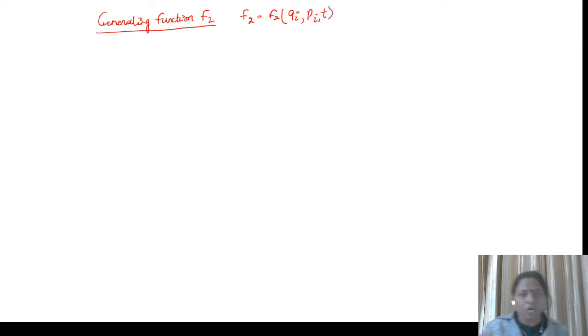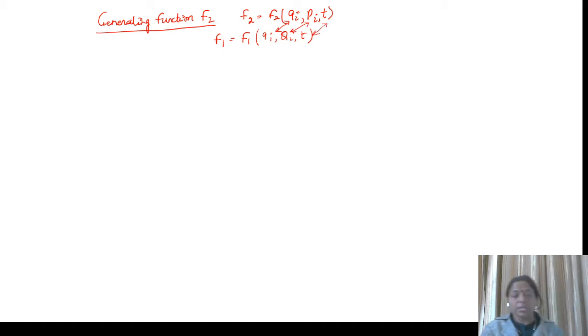This is the standard way of considering these generating functions. If you look at F1, F1 was F1 of qi, capital Qi and time. So what is the difference between the two functions? Your qi is the same, Qi has to be changed to Pi, and time is also the same.